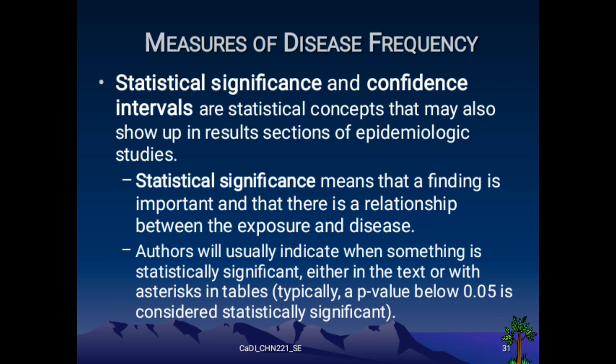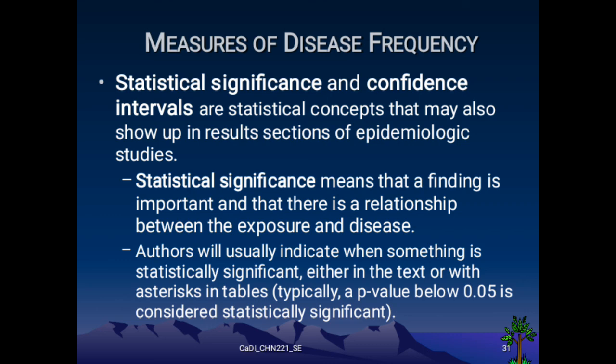Statistical significance and confidence intervals are statistical concepts that may also show up in results sections of epidemiological studies. Statistical significance means that a finding is important and that there is a relationship between the exposure and disease.